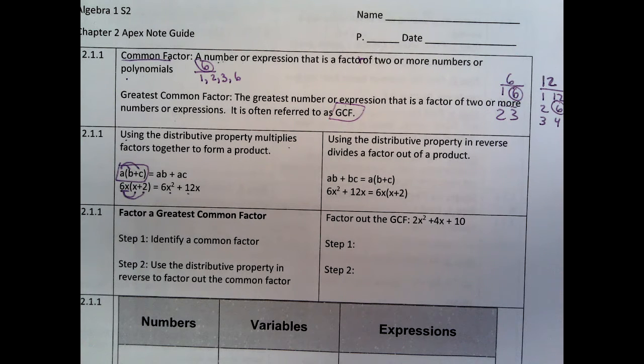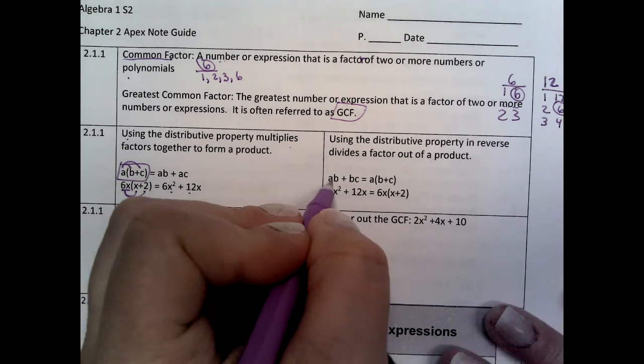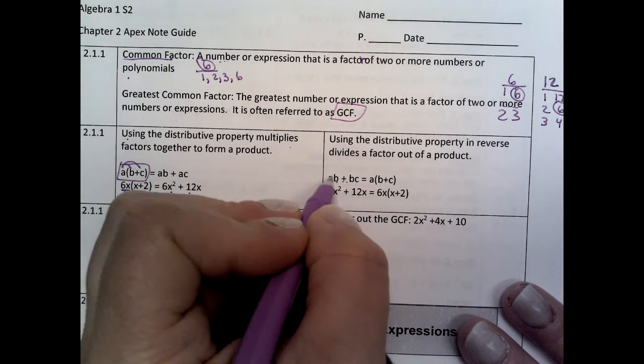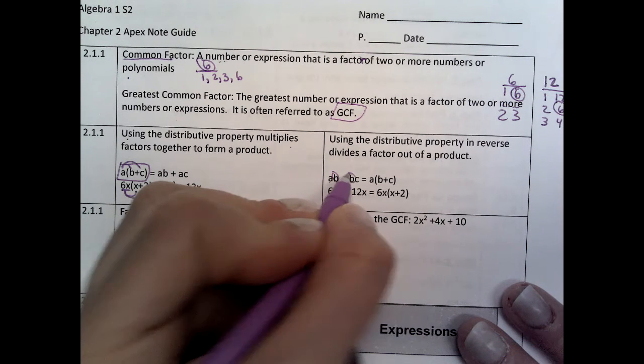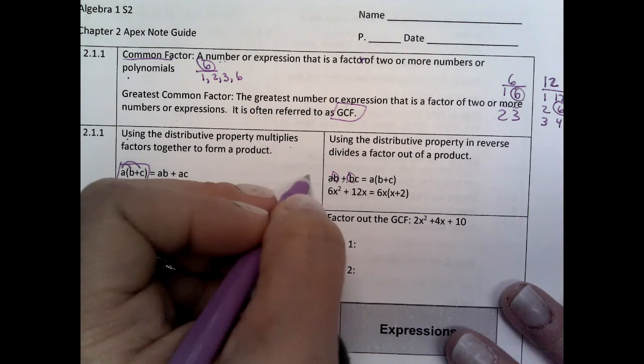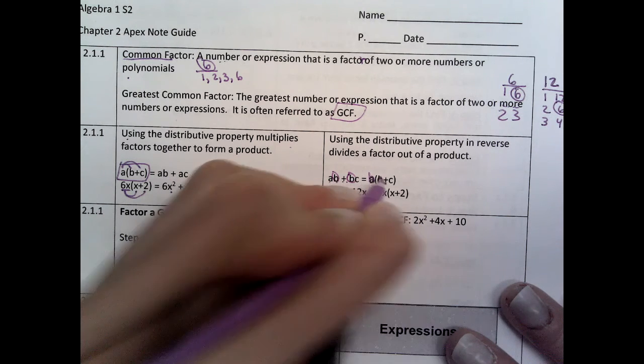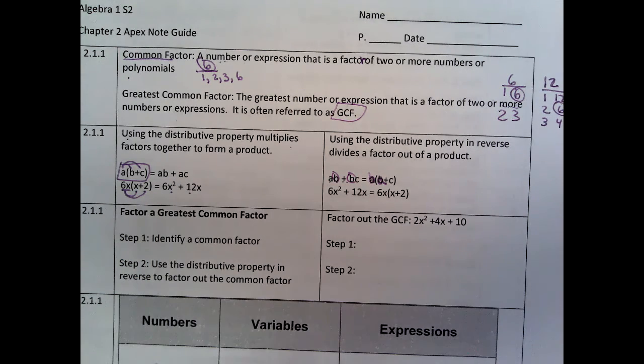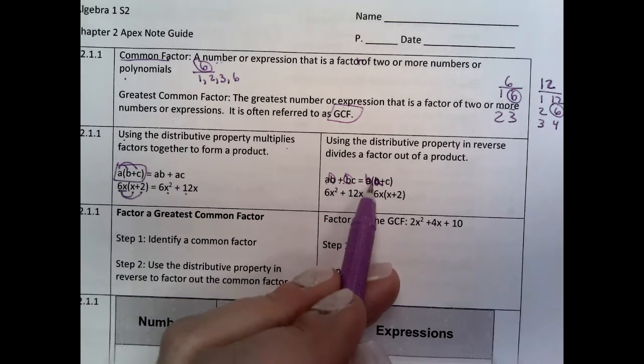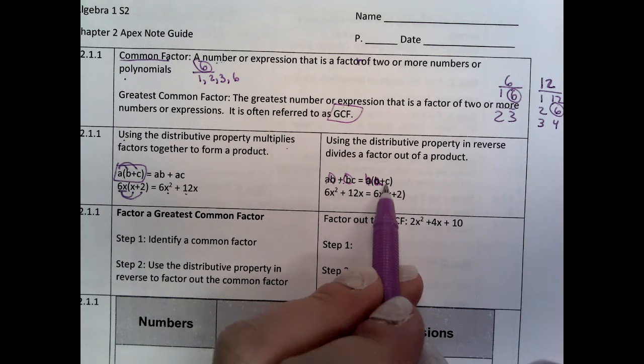But now we're going to be doing that in reverse. So now we have AB plus AC. Well, we have an A in common. So we can factor that A out, so it's going to be A times (B plus C).